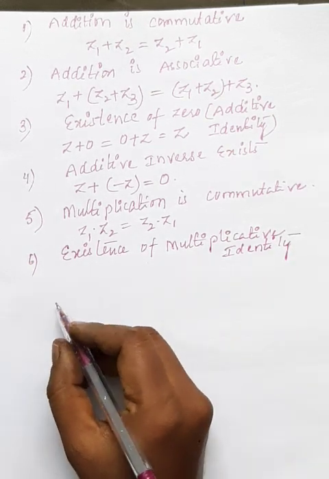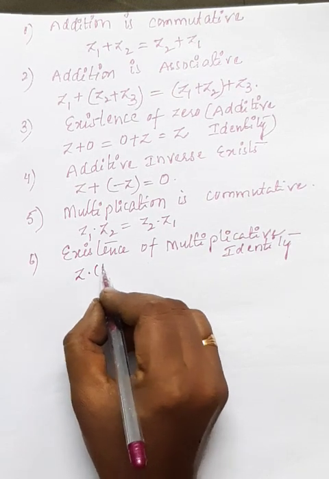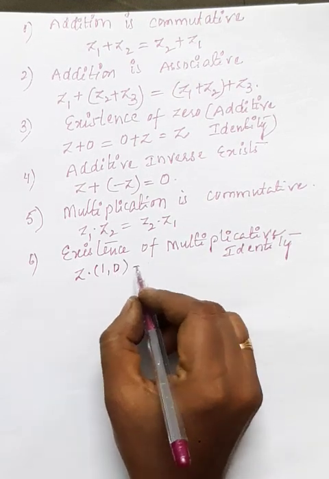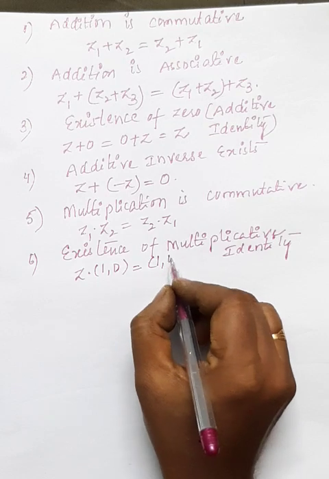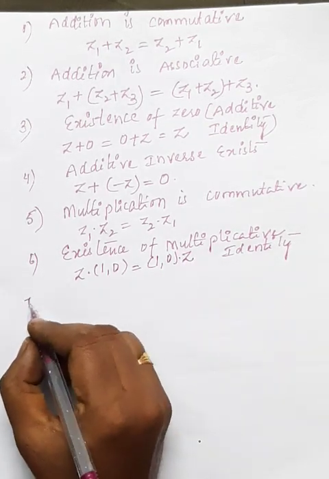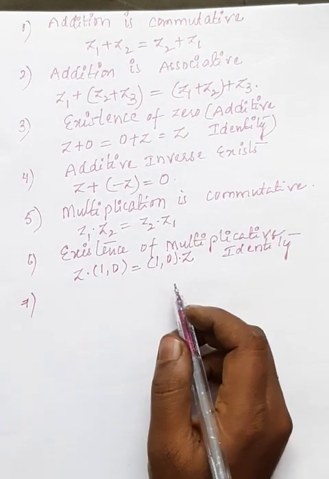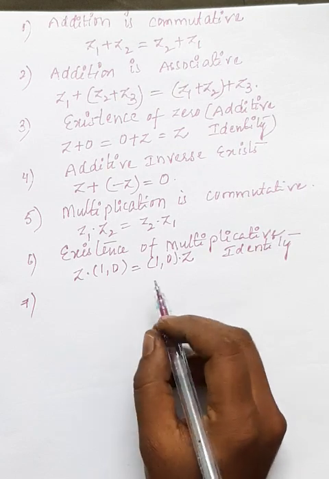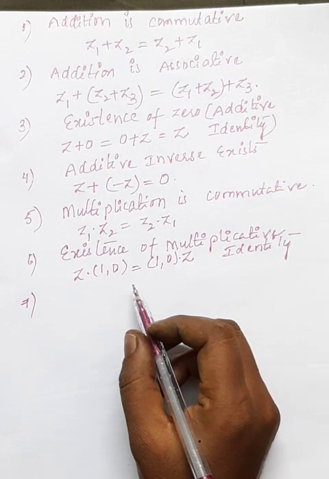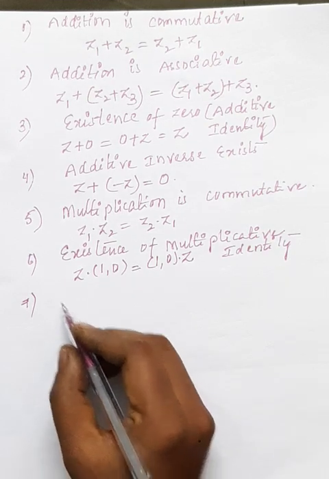That is, z into (1, 0) is equal to (1, 0) into z. Next, the seventh one, that is z into 1 equal to 1 into z is equal to z. So here 1 is said to be the multiplicative identity. Existence of multiplicative inverse.